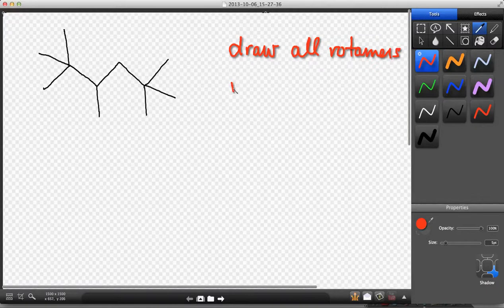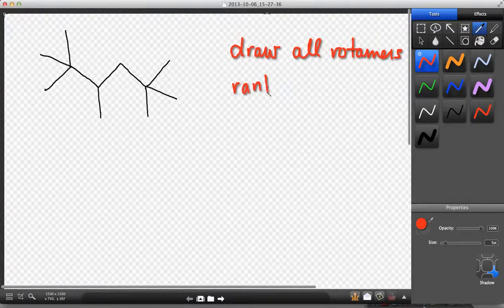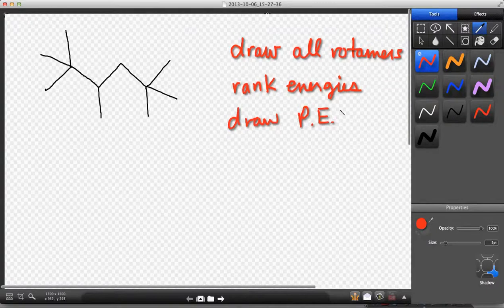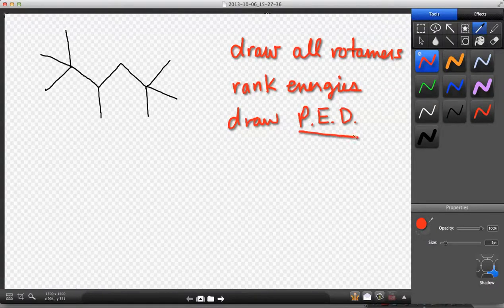You need to rank their energies. And you need to draw a potential energy diagram. That PED stands for potential energy diagram, not for performance enhancing drugs.